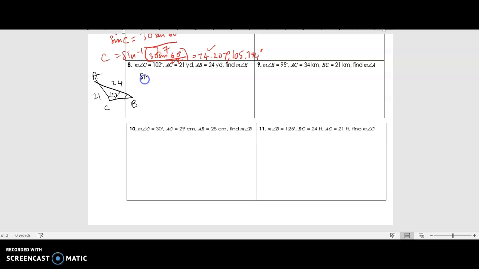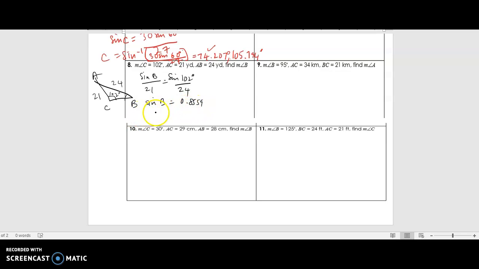So law of sines, sine B over 21, that's the opposite side, equals sine C, which is sine 102 over 24. Okay, so we'll cross multiply and we'll see that sine B happens to be 0.8559, which is less than 1.